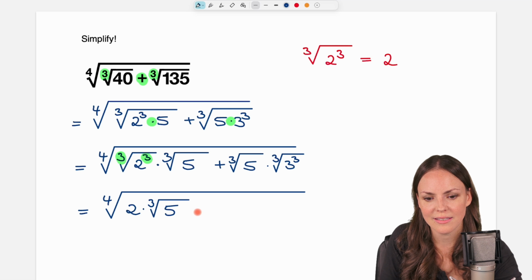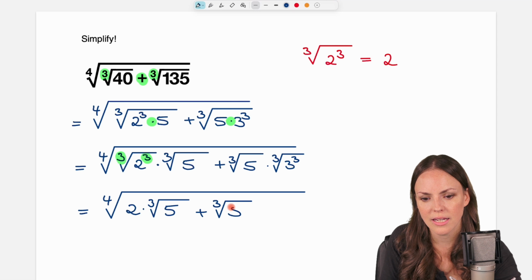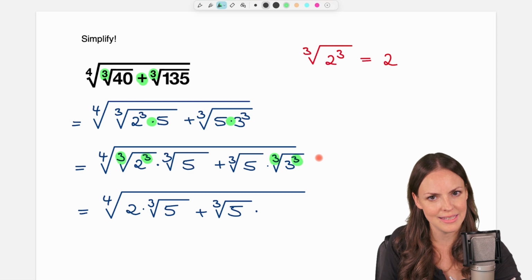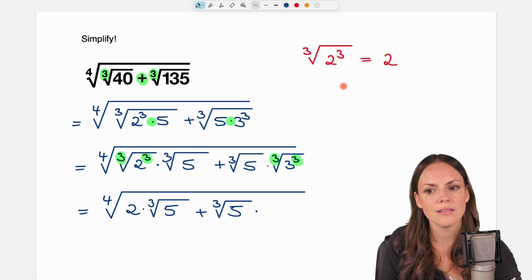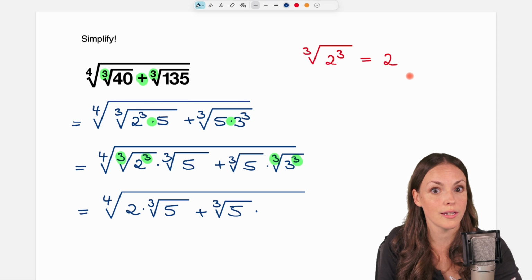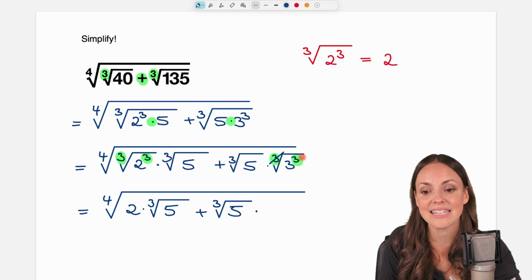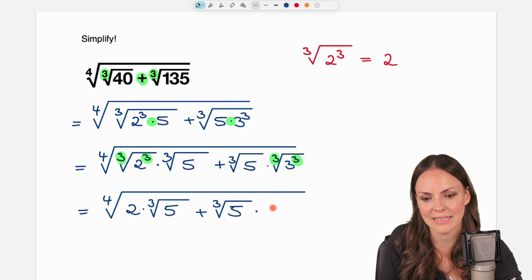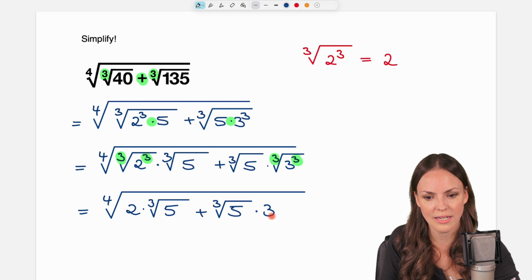Then we have this plus symbol, and here we have another cube root of 5 where we cannot do anything with this, but this is multiplied by a number that is again the same as this number with the rule that we just used. This again cancels out, so to say, and only this base is left, only the 3 is left, so we can write down the 3 here.